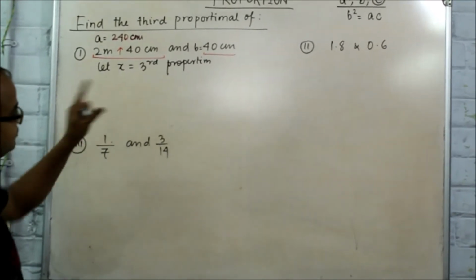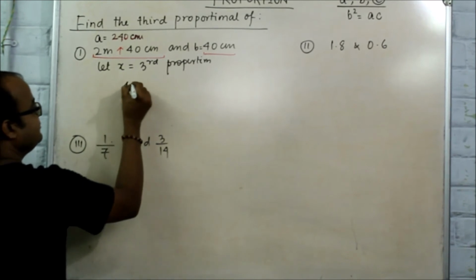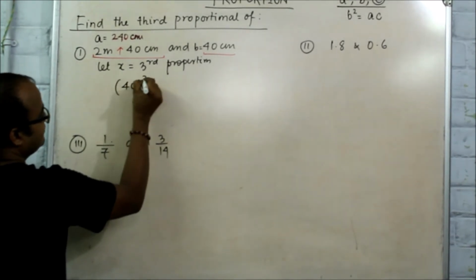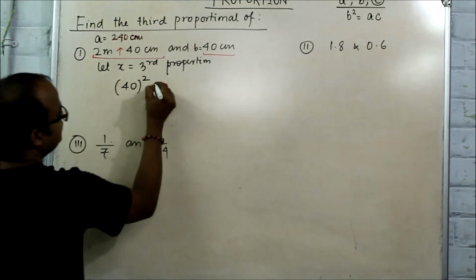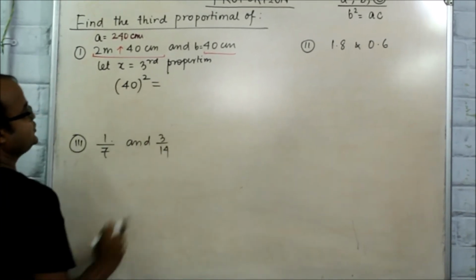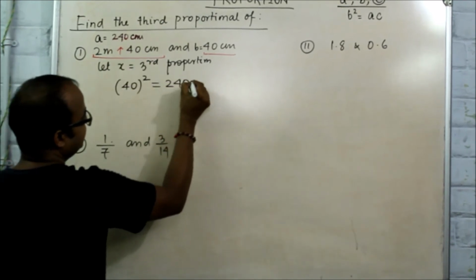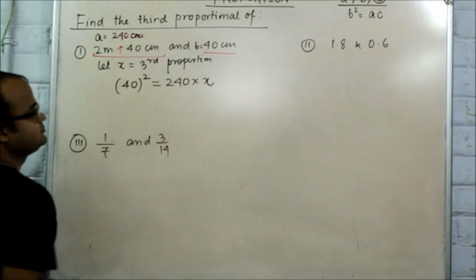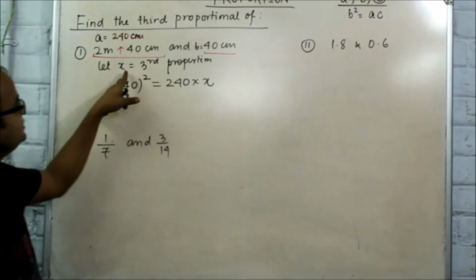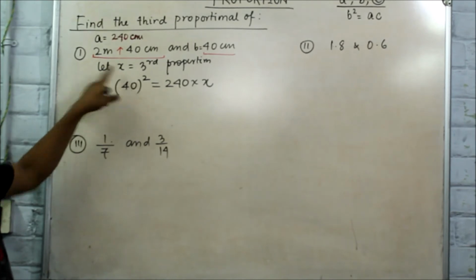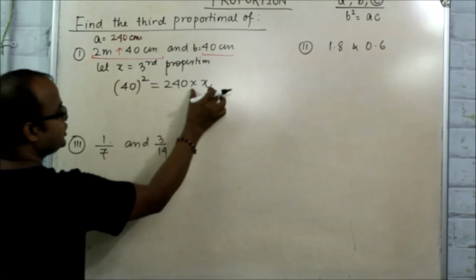Clear? So if you apply the formula, then we can say that 40 square, that is B square, is equal to product of extremes, that is 240 into x. This is the first, this is the second, and x will be third. So middle term square is equal to product of extreme.